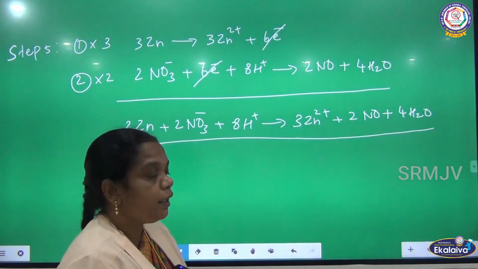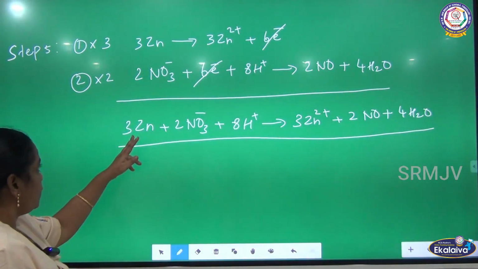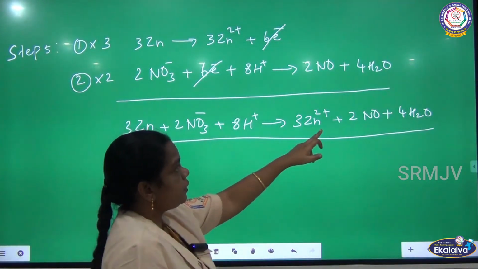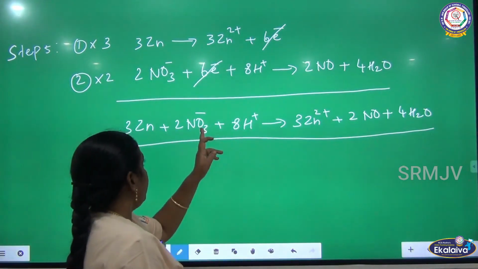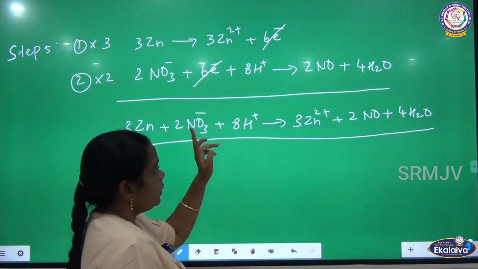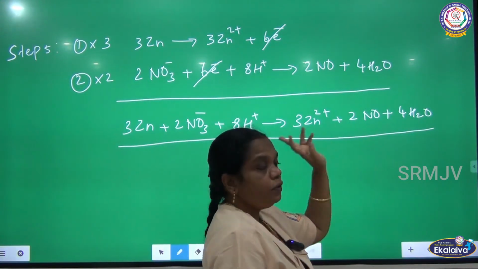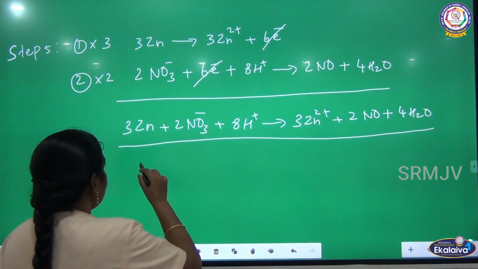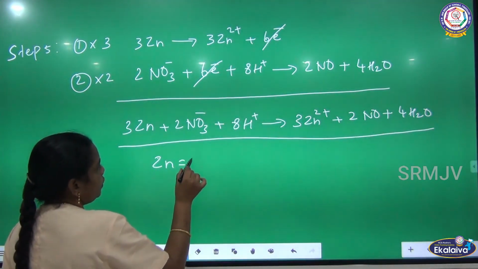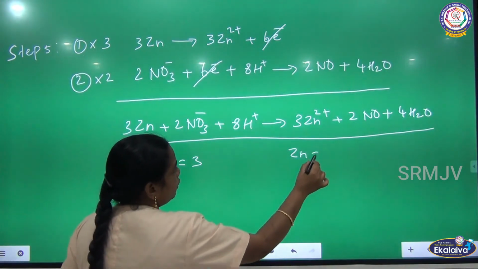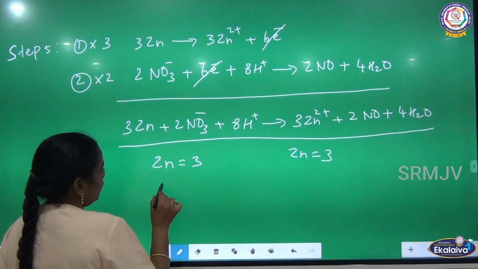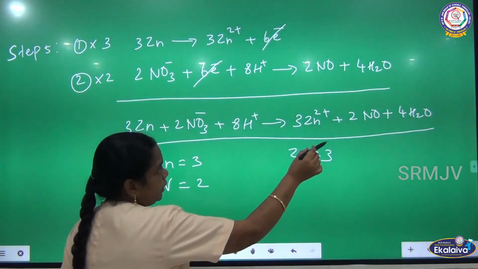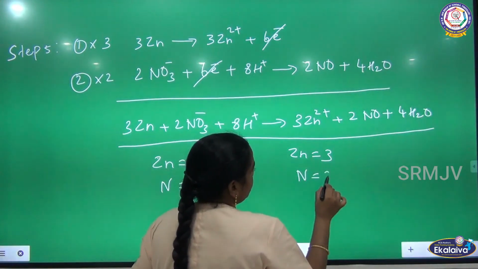Now you want to check the number of elements present. 3 zinc and 3 zinc is balanced, and nitrogen 2, and this side nitrogen 2 is balanced. And next oxygen, 2 into 3 is 6, here 4 plus 2 is 6, oxygen is balanced, and 8 hydrogen is balanced. Now you can write zinc equal to 3 and this side zinc equal to 3. And next nitrogen 2 and this side nitrogen 2.